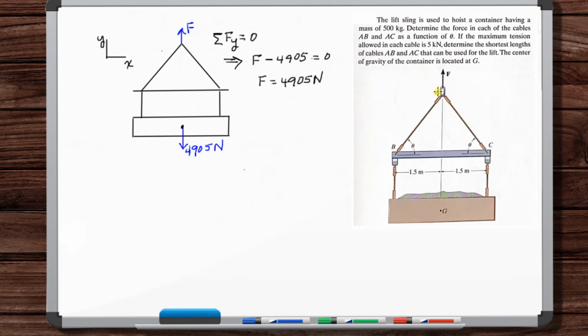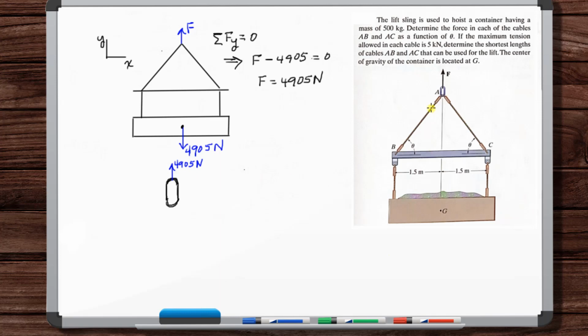So let's do a free body diagram of this ring here. We know F is acting up on this ring. This is 4905.